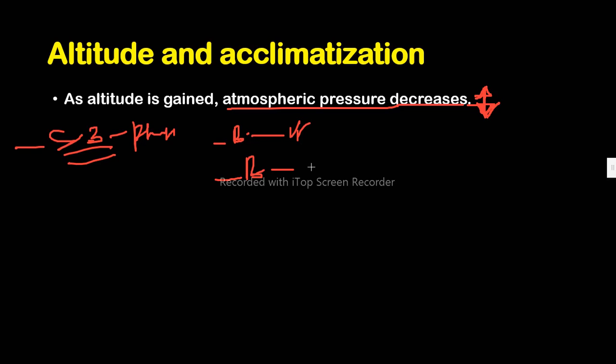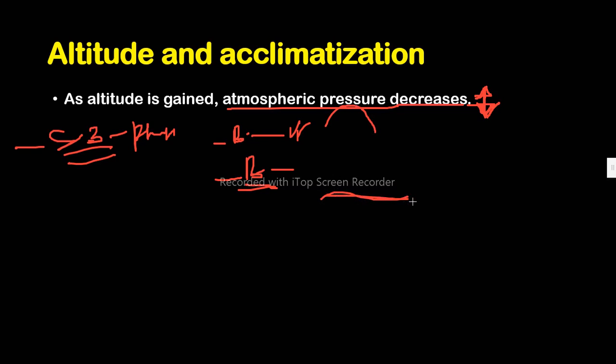Good enough we are studying physical chemistry. You all know that for water to boil, the vapor pressure must be equivalent to the atmospheric pressure. You know that perfectly well. So, on top of the hill, the atmospheric pressure is lower than at sea level.